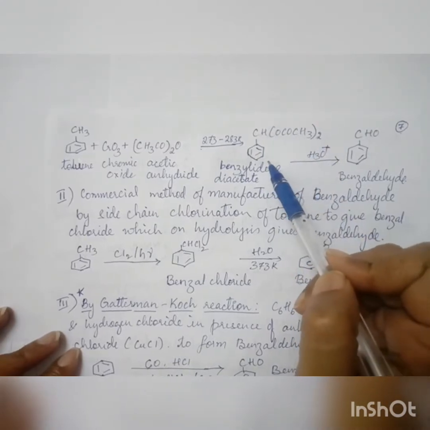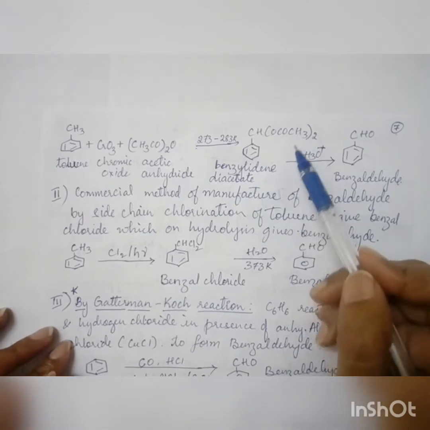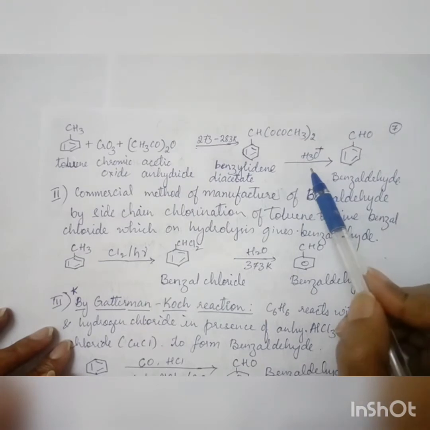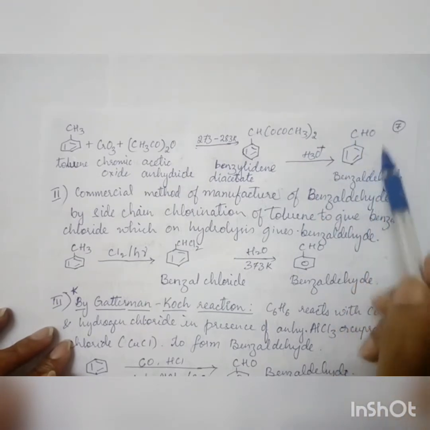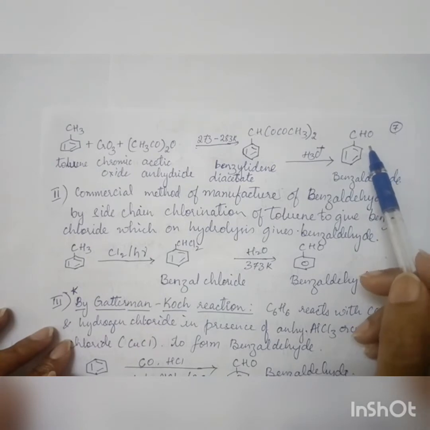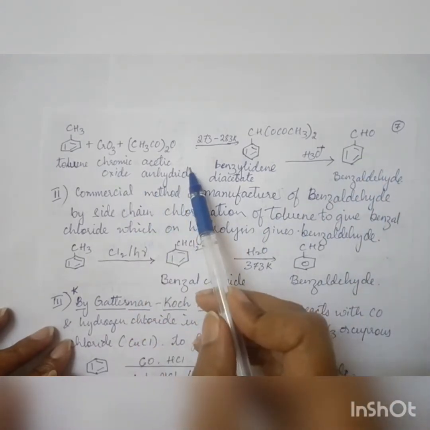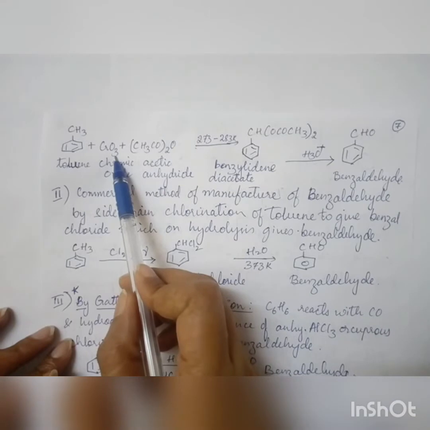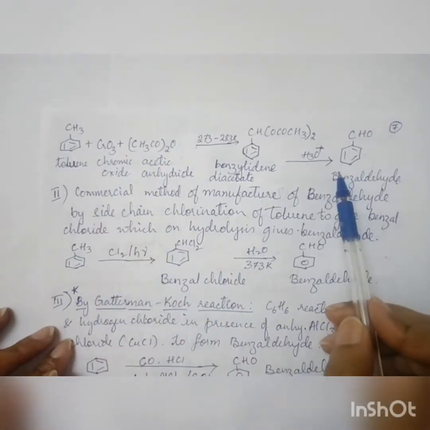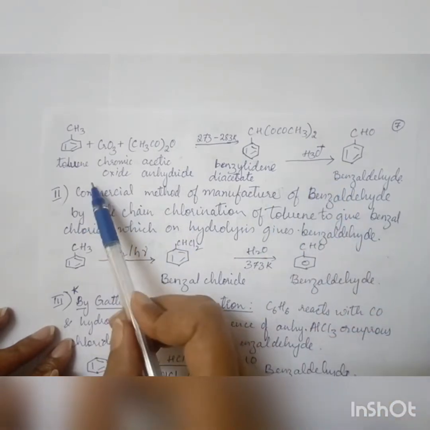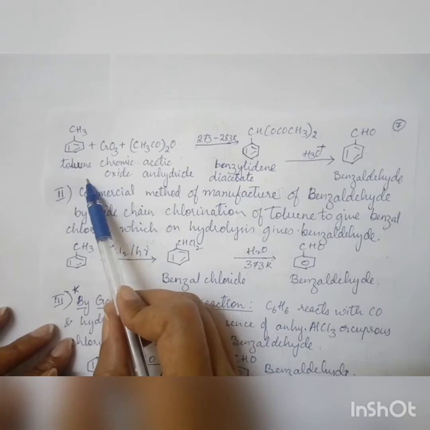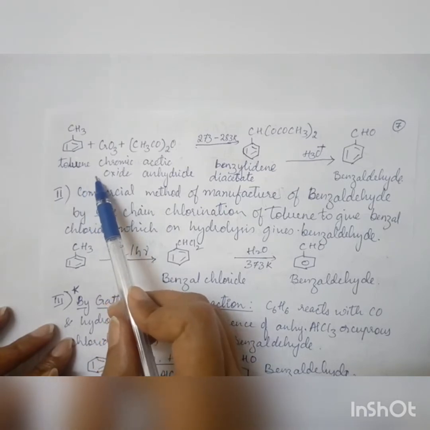This is the intermediate compound formed, which further undergoes hydrolysis and leads to the formation of benzaldehyde, that is C6H5CHO. In this way, by making use of chromic oxide, we convert toluene into benzaldehyde. So this is the second method starting from the aromatic hydrocarbon, for example methyl benzene or toluene.